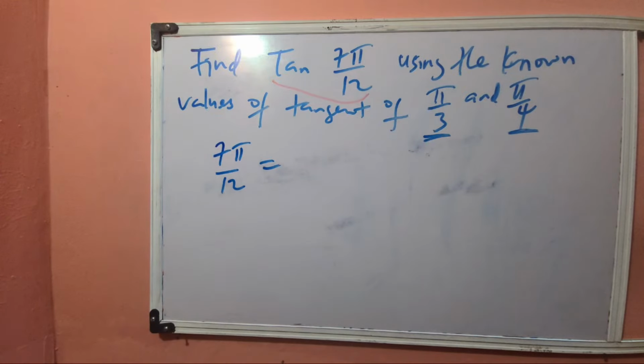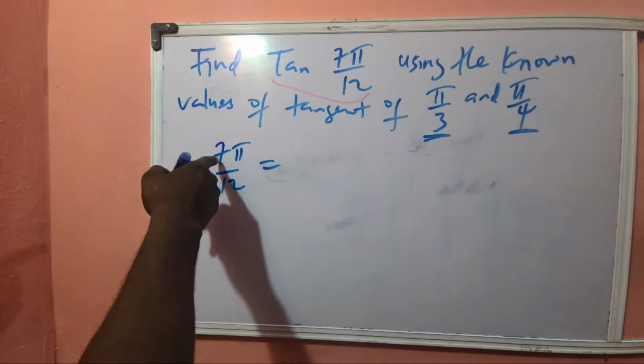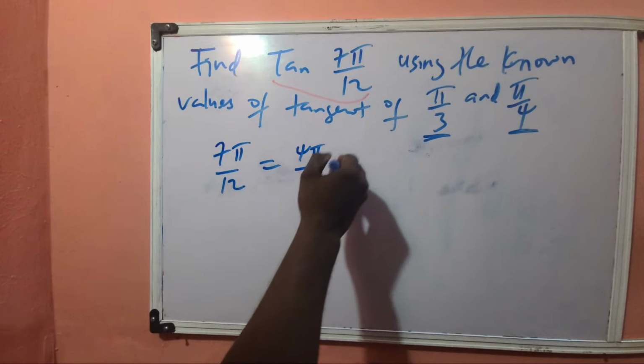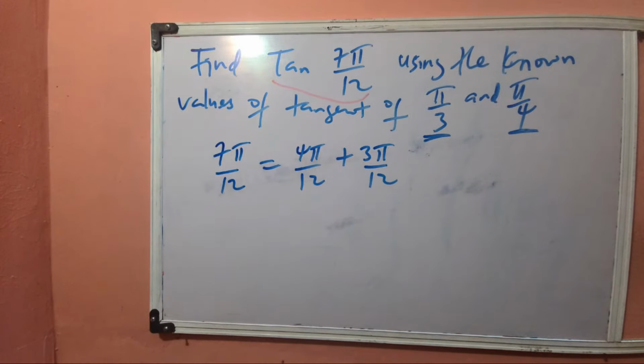So how do we do that? Now, I'm sure you agree with me that I can write 7 pi over 12 as 4 pi over 12 plus 3 pi over 12. I'm sure you agree with me that this is okay, because if this and this are the same thing, this is going to add up to 7 pi over 12.